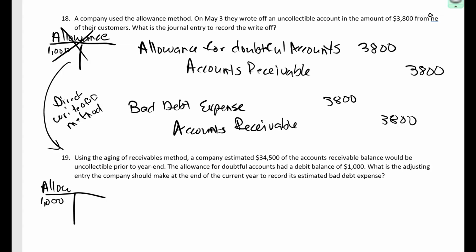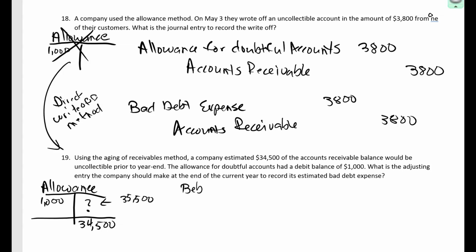This is the allowance account. So we're saying that we want it to be $34,500. What do we need to credit to get the $34,500? Well, we need to credit the account $35,500 to get it to $34,500.